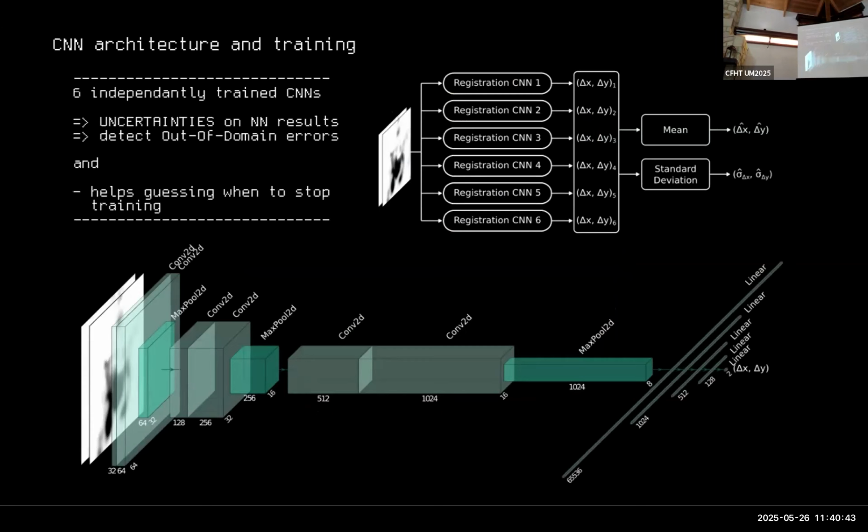Doing that, we cleared the problem of out-of-domain errors, for example, and we get very good uncertainties. I also simulated data to check. It was trained on semi-synthetic data, so it really works well with semi-synthetic data. But the use of 6 differently trained CNNs helps make sure that it's not a hallucination of the CNN.